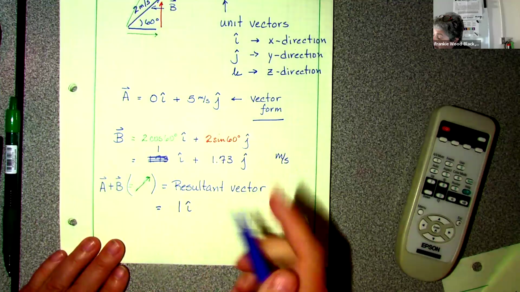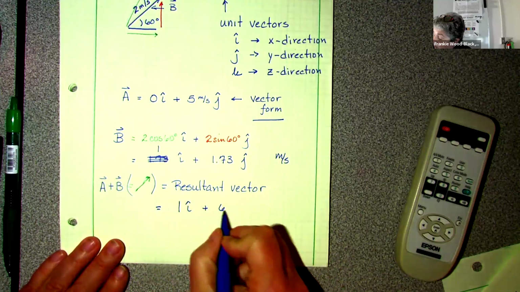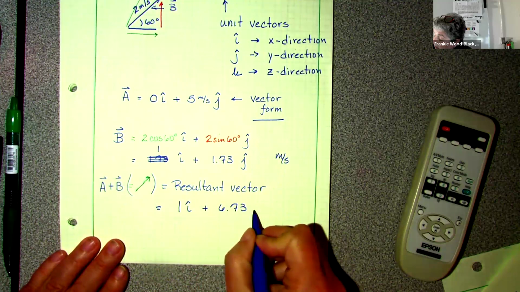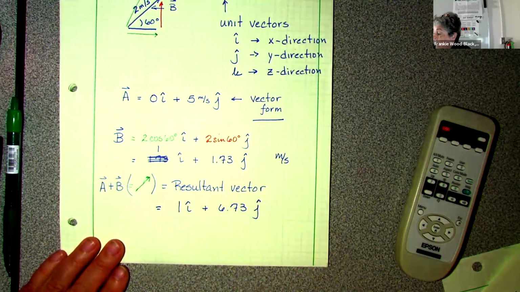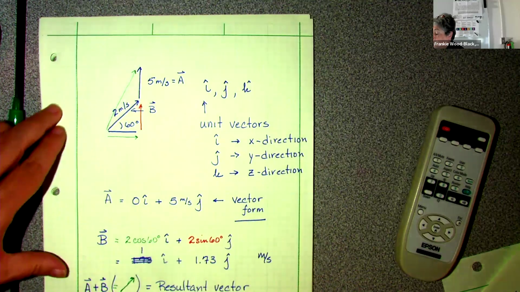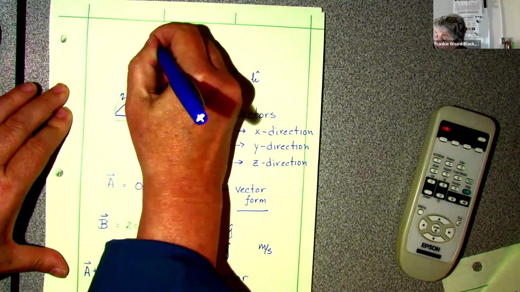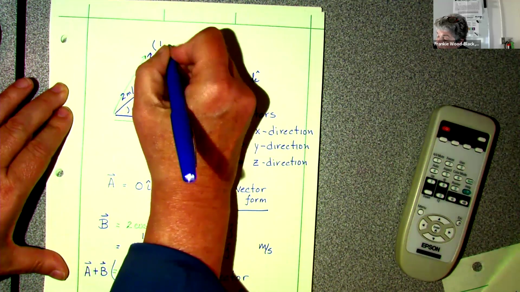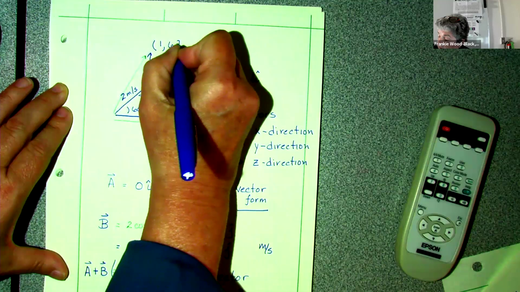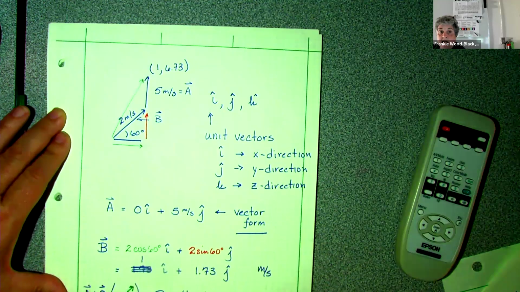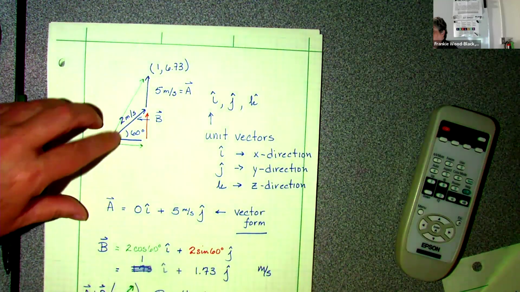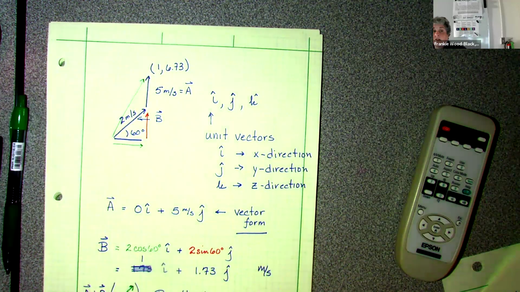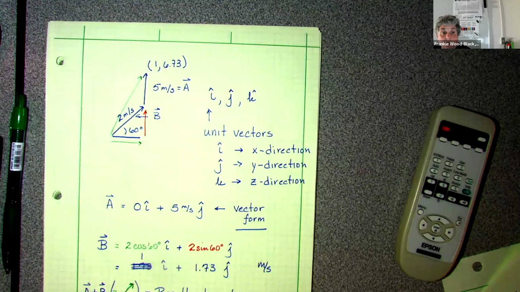I'm going to add my y components. I'm going to get 6.73. And I've got my vector components. Now, that tells me in my Cartesian coordinate system, I'm at 1 and I'm at 6.73. And if I did that on my graph, just by moving our heads to tail, we know that that's correct. So drawing your picture is really, really going to help.